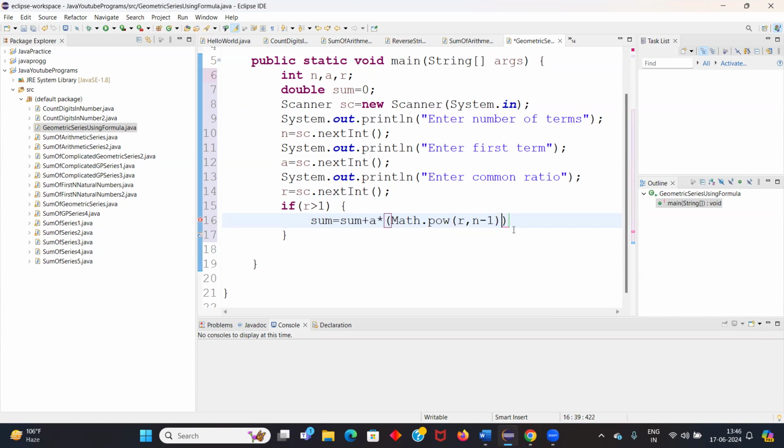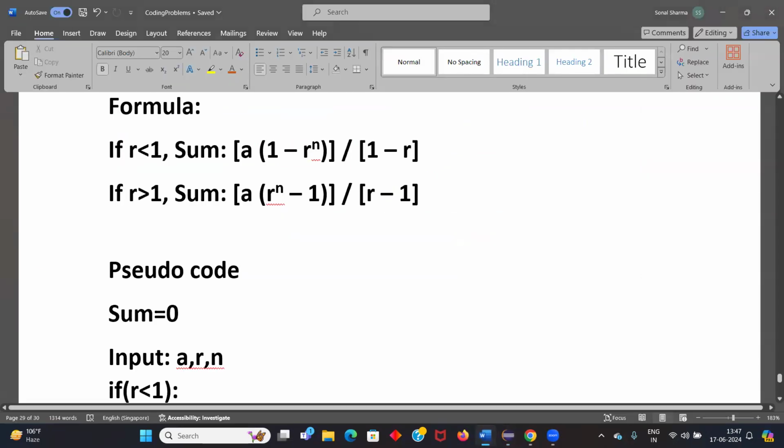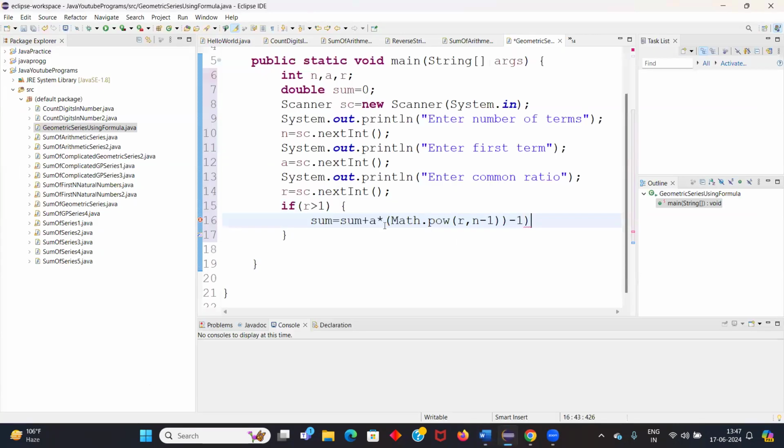A is getting multiplied with this math.pow.